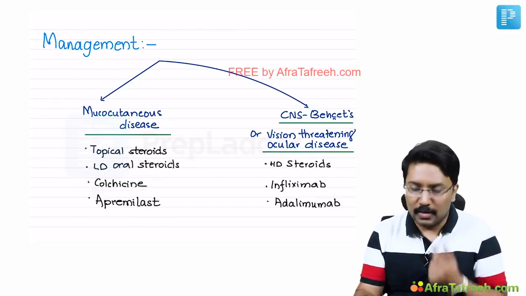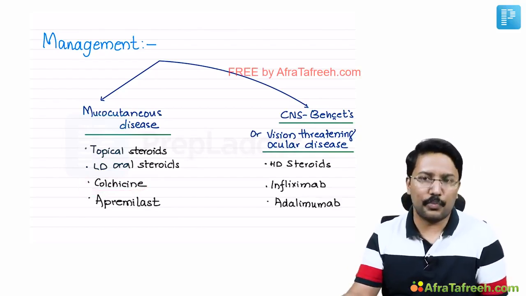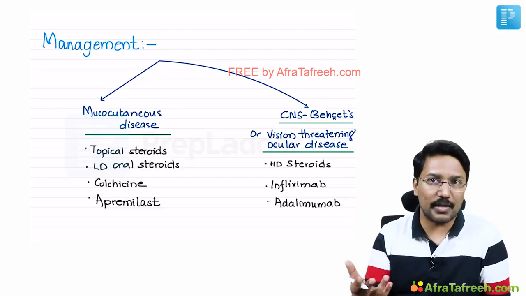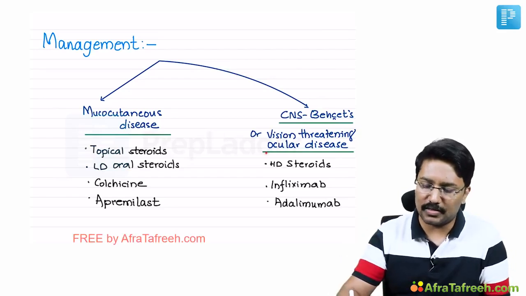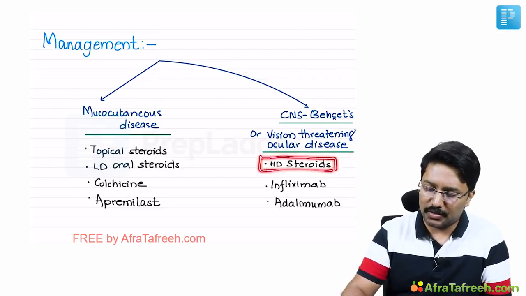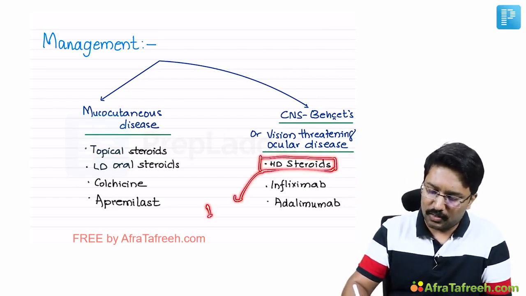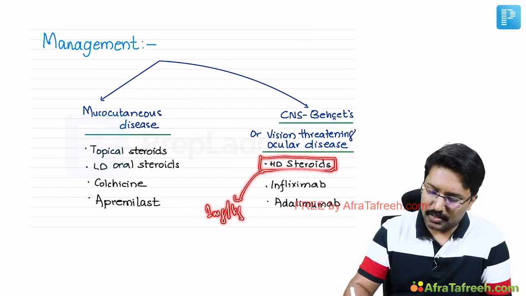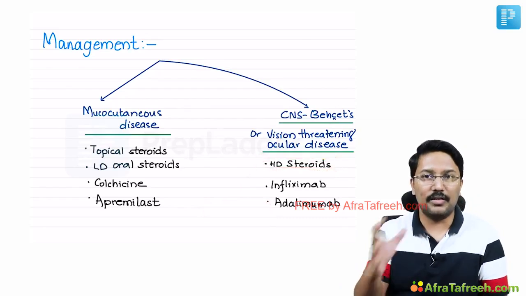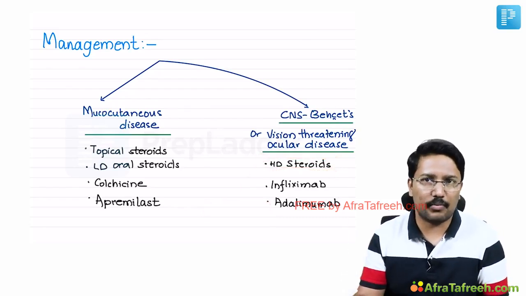Now, for CNS or neuro-Behçet's, or any other organ-threatening manifestation like vision-threatening ocular disease, the mainstay of treatment is high-dose steroids, usually 1 milligram of prednisolone per kg per day for an extended period. Once you have good disease activity control, you can start tapering the steroids.